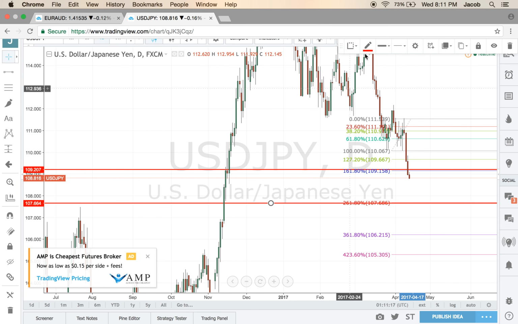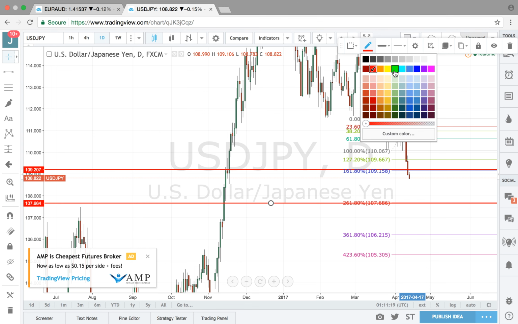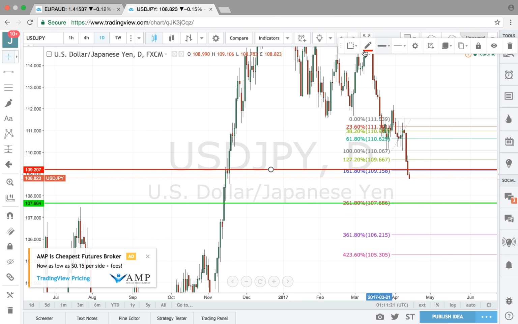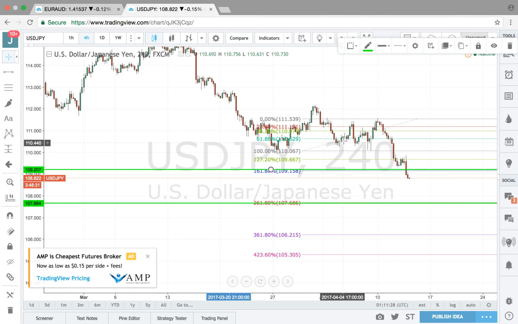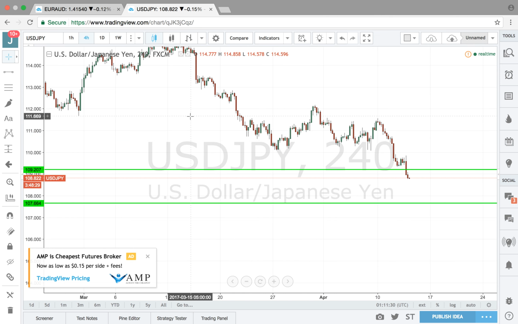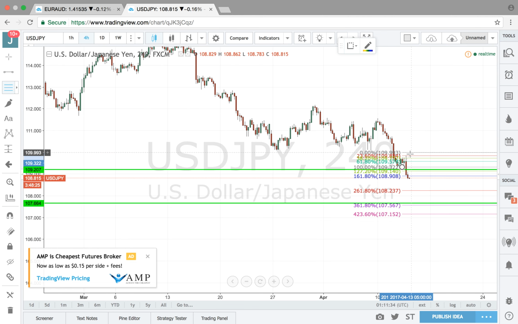So change this one to like green. This one will be green too. So now I'll go to the 4 hour. Look at this one. This swing low I just broke.